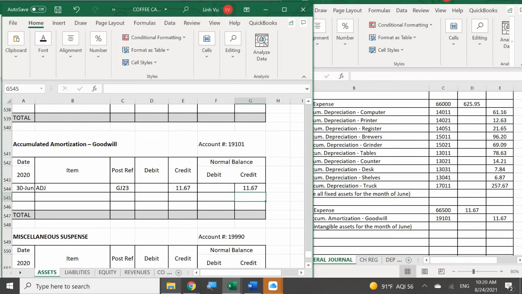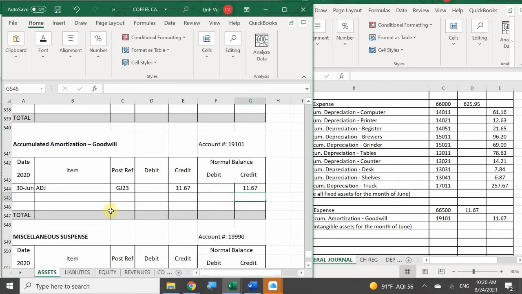And then we'll go ahead and update the last account, which is the amortization expense. And then we'll stop there for now, for the break. So this is the accumulated amortization for the goodwill.